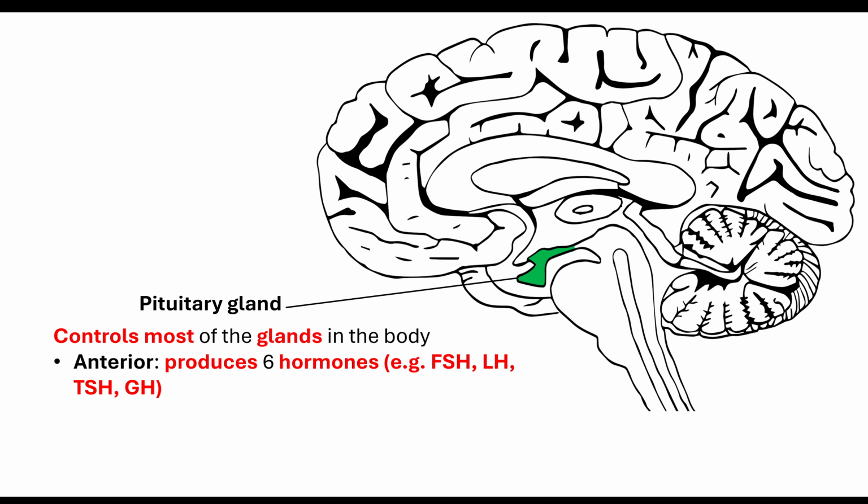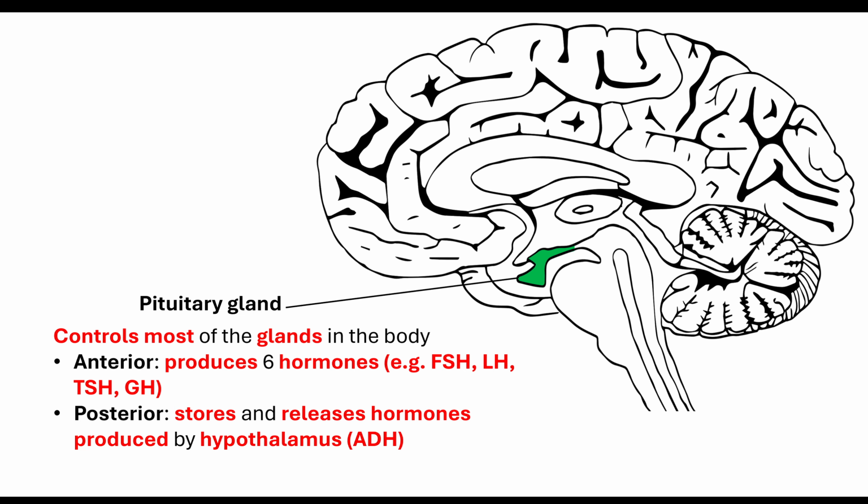If they ask you any questions about this, they will give you a little bit of information. Follicle stimulating hormone is to do with the reproductive system, luteinizing hormone is to do with the reproductive system, and then you've got your TSH and GH, which are to do with growth, so the thyroid stimulating hormone and your growth hormone.